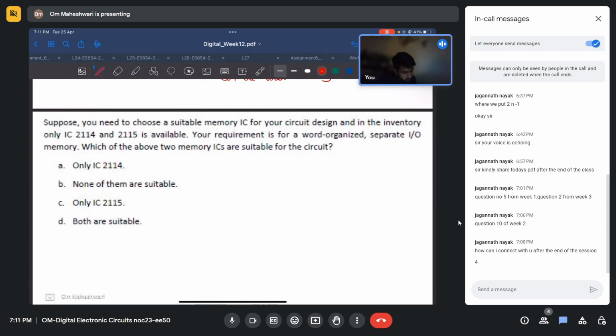Okay. So you need a word organized separate input output memory, which IC is suitable. So IC 2114, it is word organized, but it is common input output.